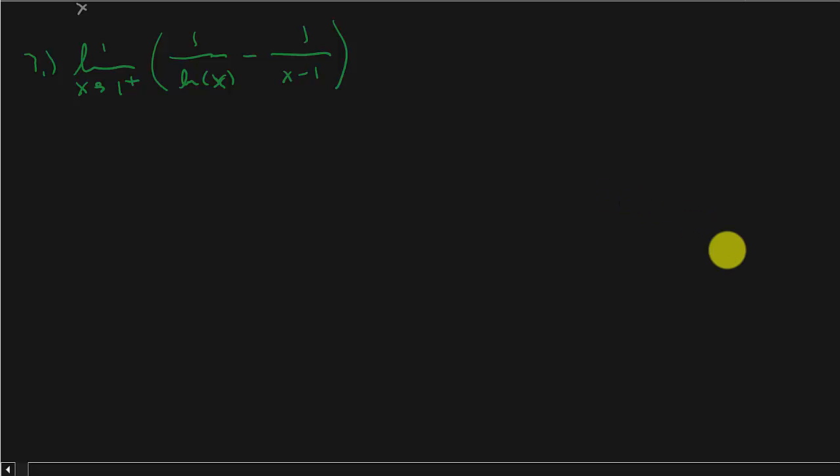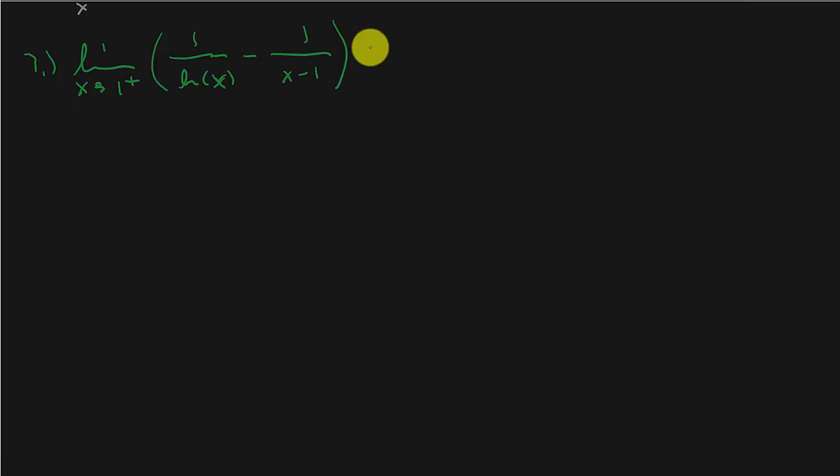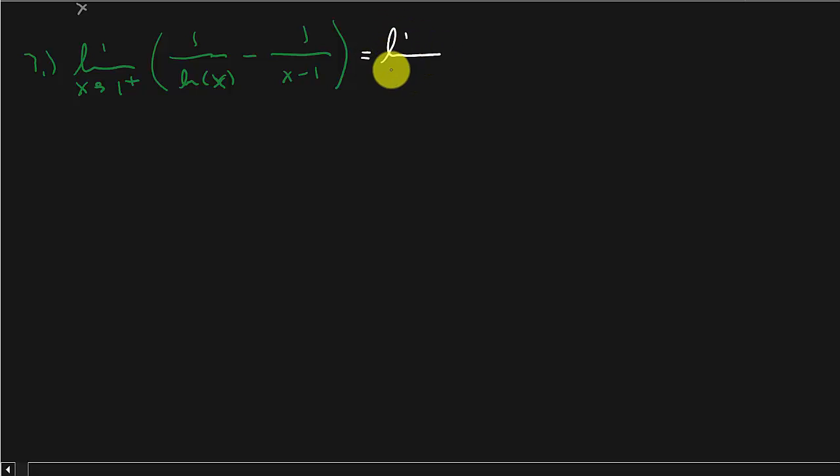Well, let's get a common denominator, see what happens. So this is going to be the limit as x goes to 1 from the right. And the common denominator is x minus 1 times natural log x.